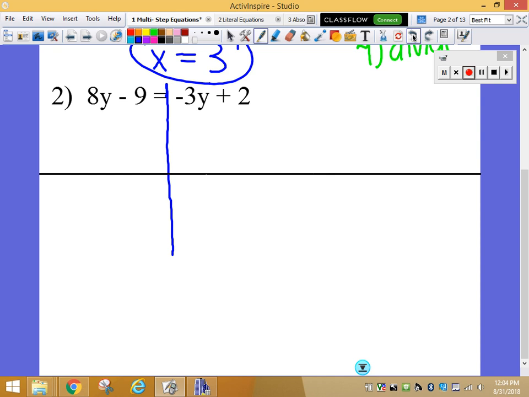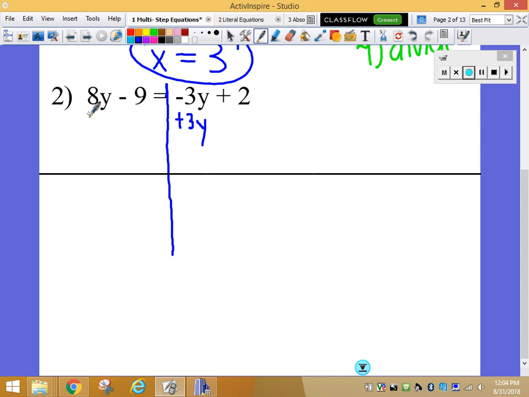Step 2 said move the x to the left. Well, this one doesn't have an x, so we're just going to change x to y. We're going to move the y to the left. So here's my y. I want to move it to the left. So the way you move things is to do the opposite. So instead of a negative 3, I'm going to put plus 3y. And over here, you want to figure out, where should I write this?